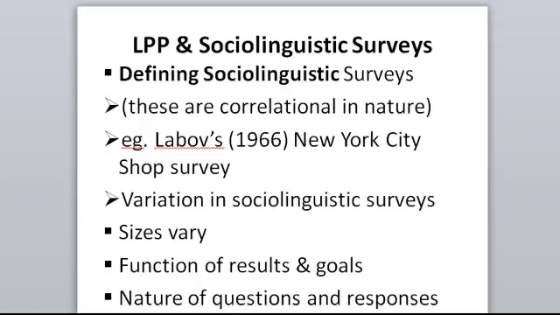They vary widely in the questions which they ask and the ways in which they answer them. And therefore, they also vary in the way they use the information, that is, the use to which the information is put after conducting the sociolinguistic surveys.